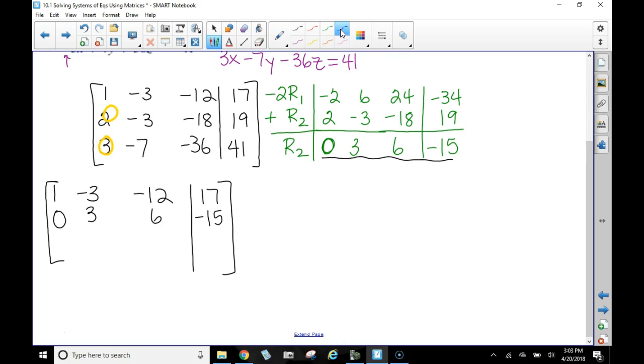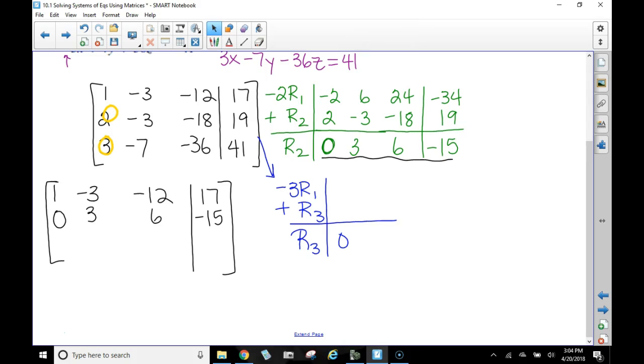What I'm going to do is from this matrix, I'm going to do negative 3 times row 1 added to the row 3 to get a new row 3 that will have that 0 that I want. All right, I want a 0 right there. That's why I'm doing it.